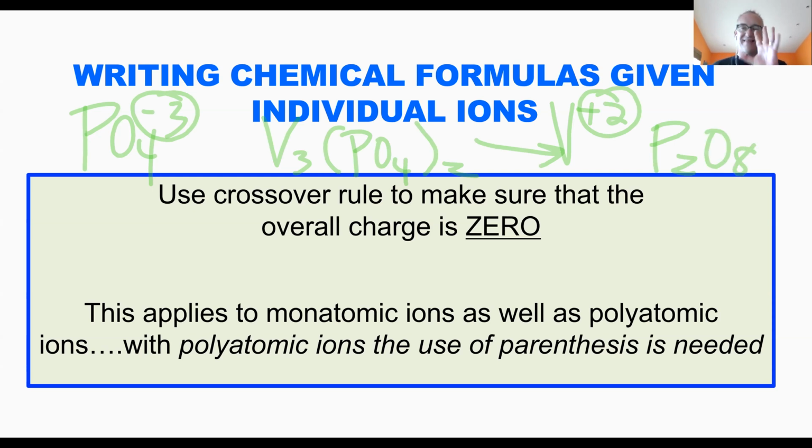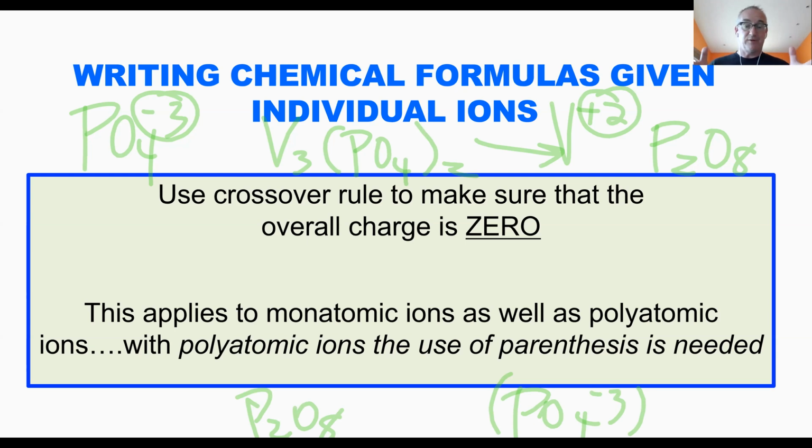P2O8. That is not correct because PO4, or the phosphate ion, is a singular thing. Those atoms are connected in a way that we'll get to in a later chapter. Those atoms are connected in a very specific way. P2O8 is a completely different thing. That is a completely different ion. That is not two phosphates.